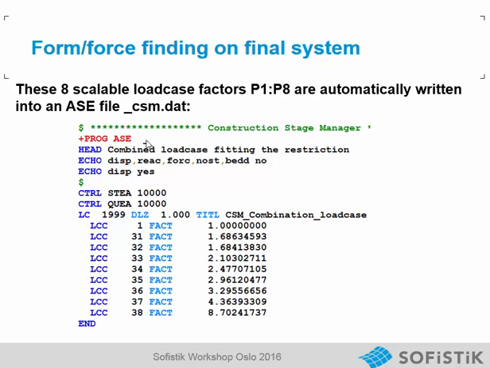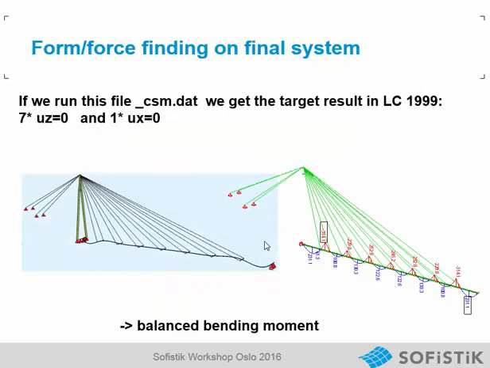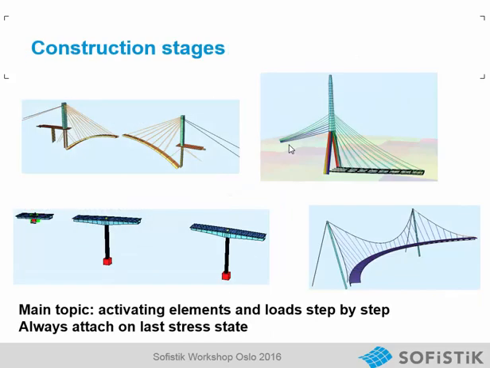If we run the analysis including these factors, we get this result. The deformation is really 0 at these points, and the bending moment is well balanced. So we now have a target for the final system with a very good bending moment, and of course we get the cable forces in every stage, in every element.